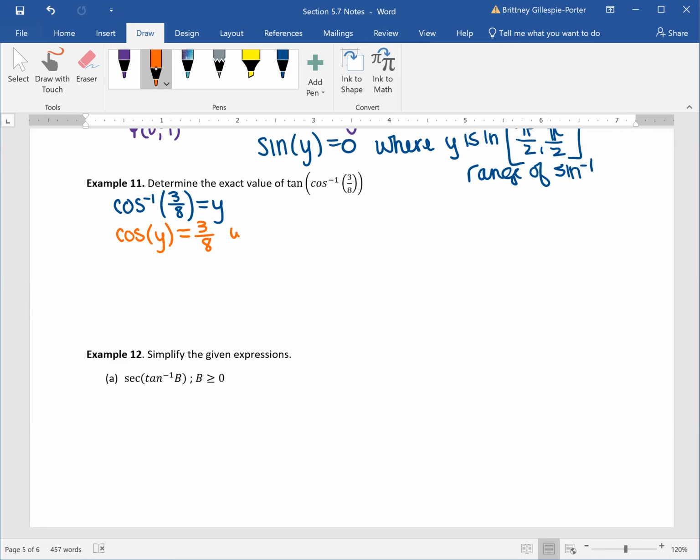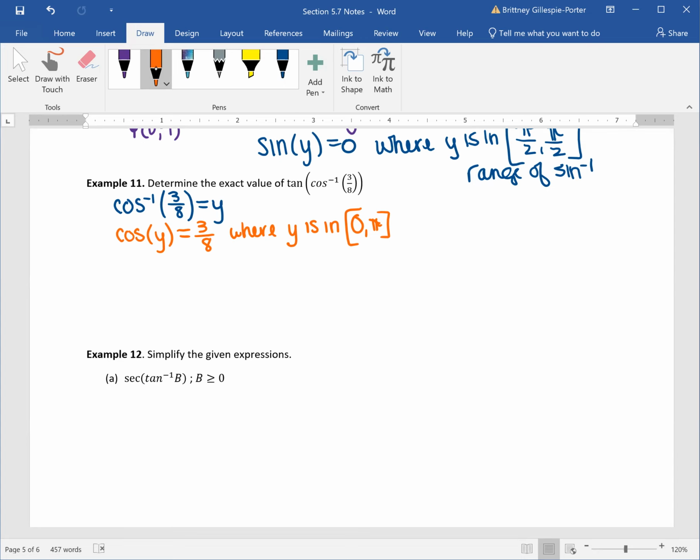And y is in 0 to pi, because the inverse cosine range is 0 to pi. Okay.